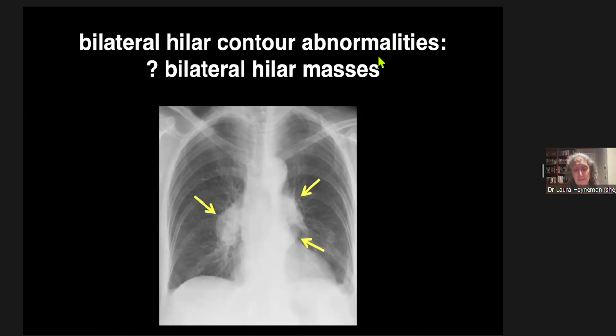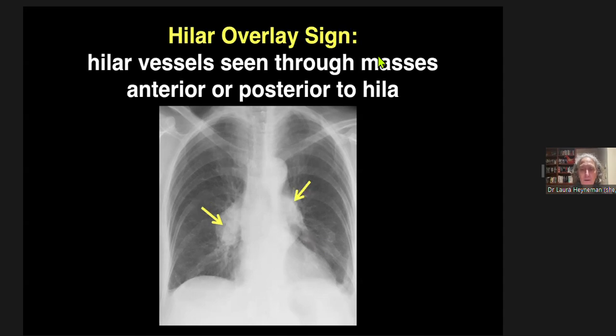So what first strikes me is bilateral hilar enlargement and contour abnormalities. At first glance, one could wonder if this is an example of bilateral hilar masses, bilateral hilar adenopathy, something like that. But notice that through these abnormal contours, we see the individual hilar vessels.